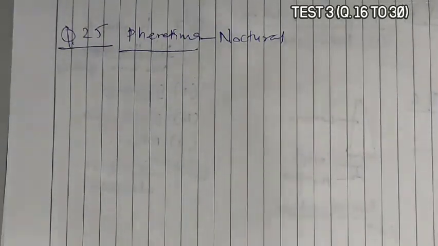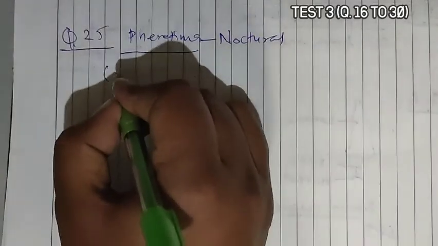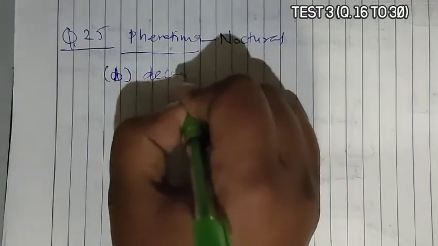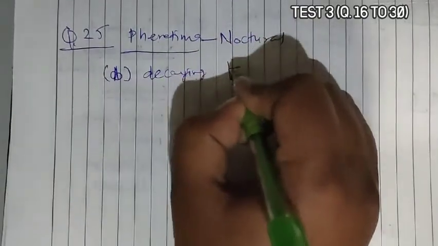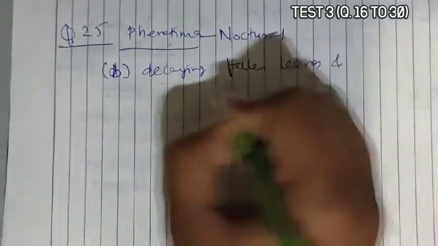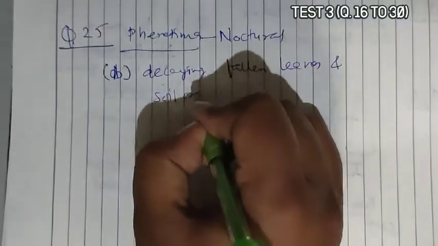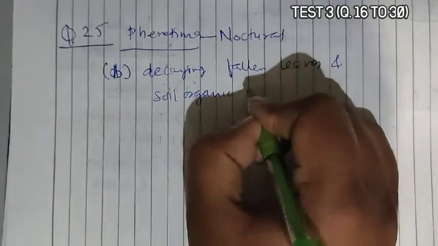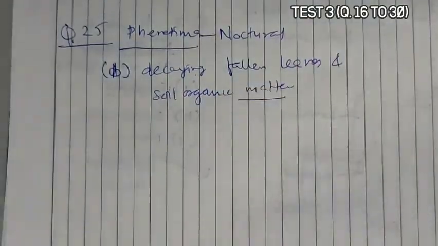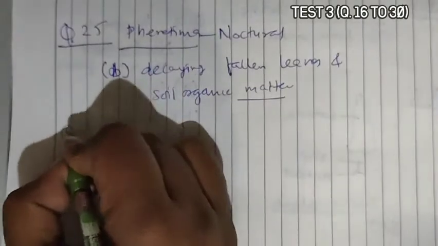Now during night it carries out its feeding process and is dependent on the decaying fallen leaves and soil organic matter. B is the correct answer.